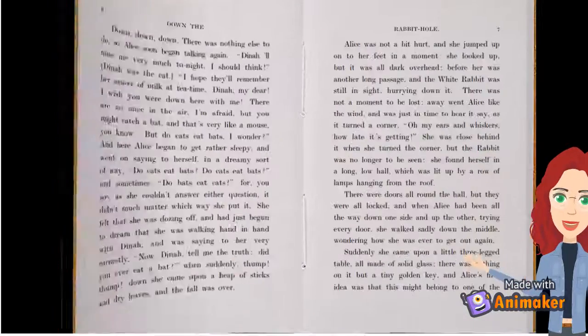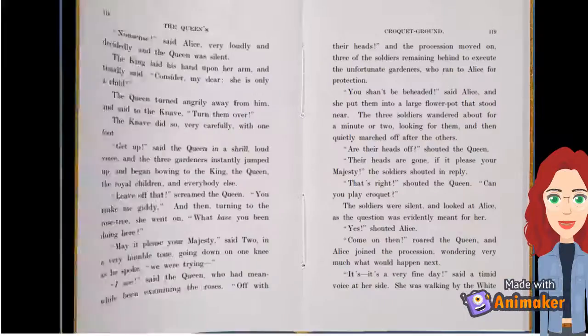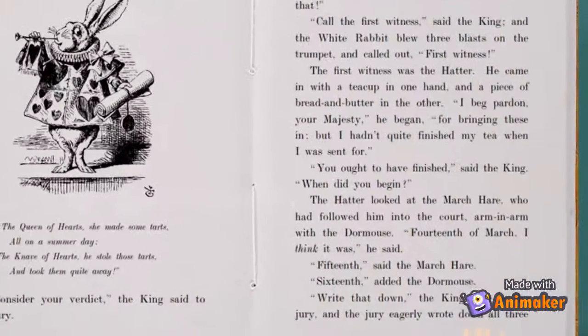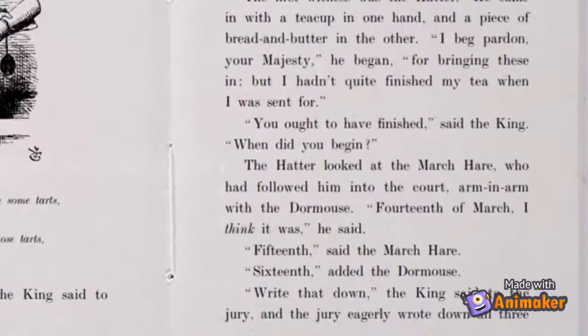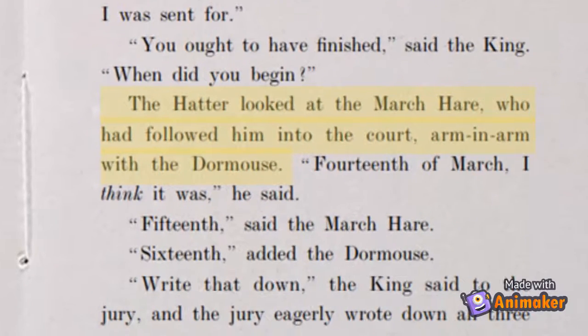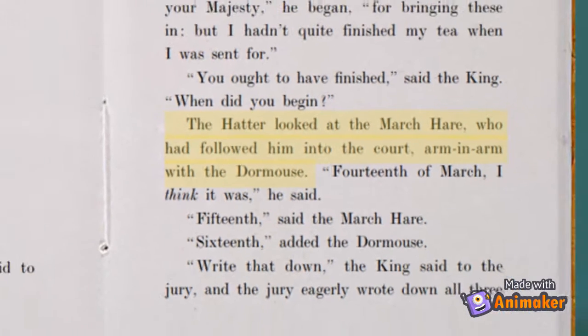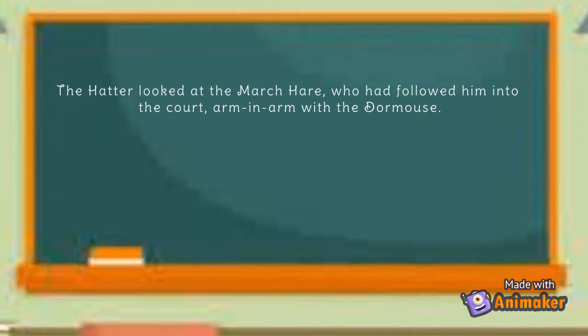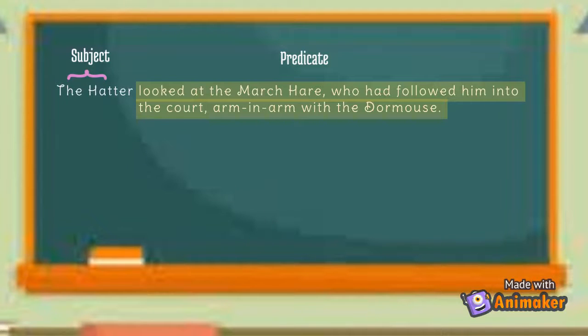And now let's finish our analysis on page 167. Finally, to end our analysis of complex sentences, the last sentence is: the hatter looked at the March hare, who had followed him into the court arm in arm with the dormouse. We find the subject and the predicate.